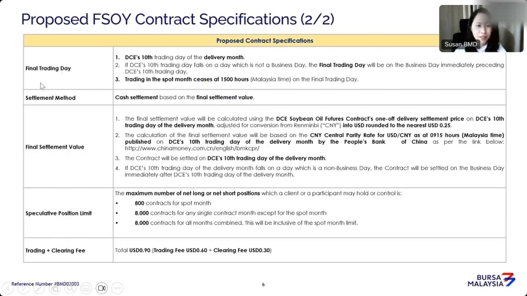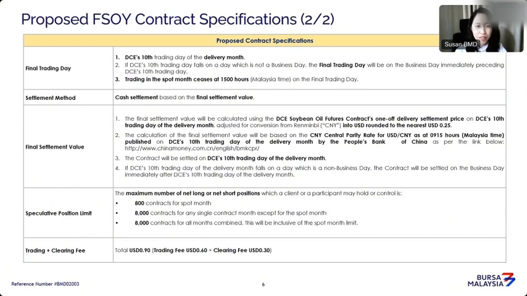And for the final trading day, it settles on the same day as per DCE's contract. DCE's contract settles on the 10th trading day of the delivery month. So this is something special when it comes to our market jurisdiction. Most of BMD's existing products have a specific calendar day that they expire.